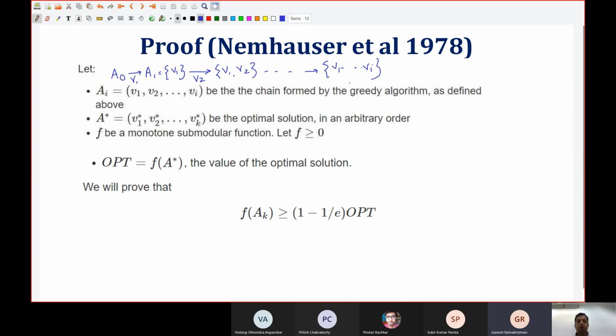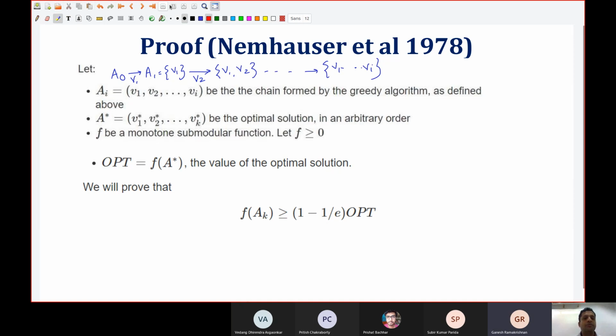So this is a chain. Order in this is important. But we also have an A star which has V1 star, V2 star, Vk star. Obviously, it's monotone, so we'll assume that all the K budget was exhausted in constructing your A star. But the ordering won't matter.